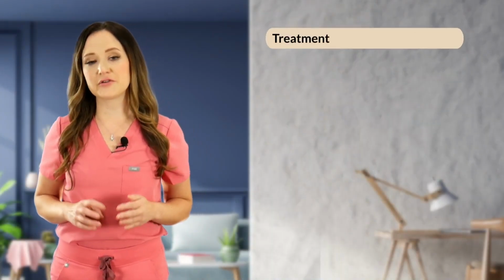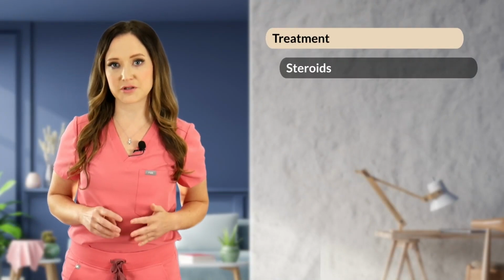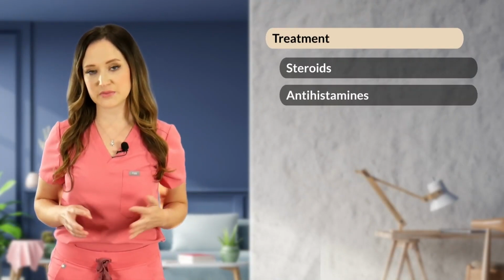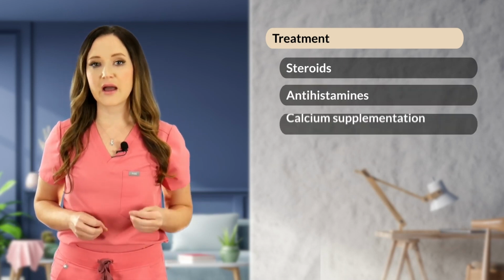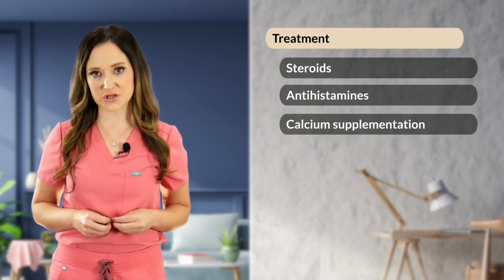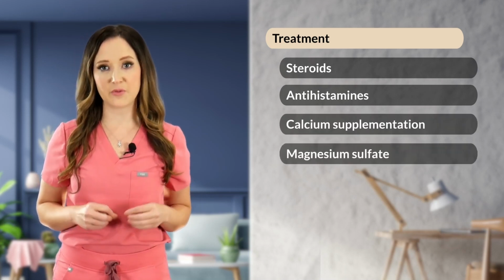Treatments to consider for transfusion reactions include steroids for acute hemolytic reactions. If urticaria is seen, we can give diphenhydramine and possibly steroids. If we have hypocalcemia from calcium chelation, we'll want to give calcium supplementation. We can also see hypomagnesemia and can supplement with magnesium sulfate.